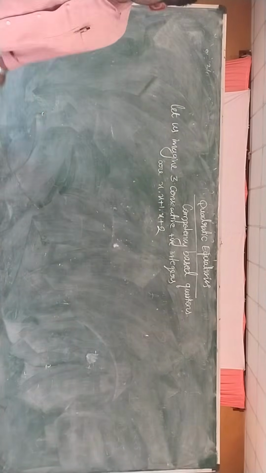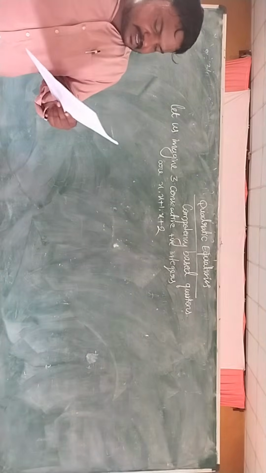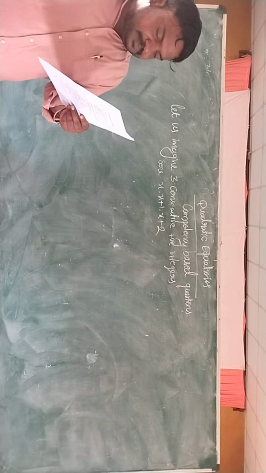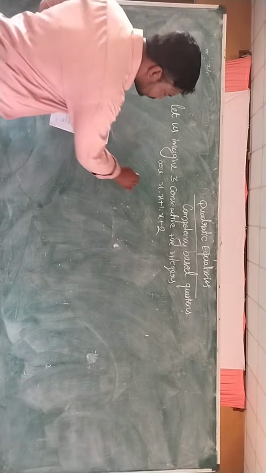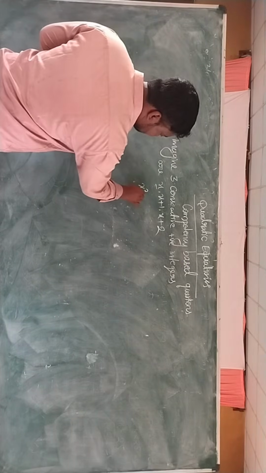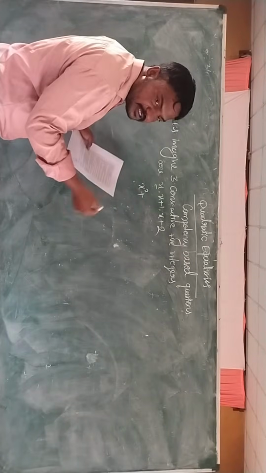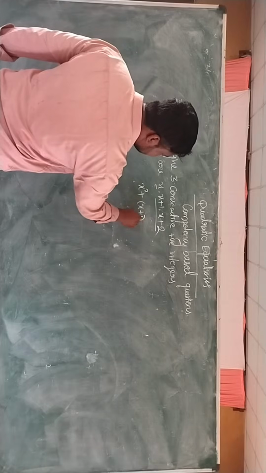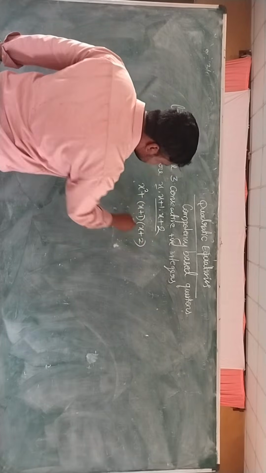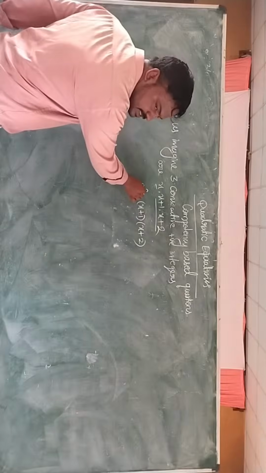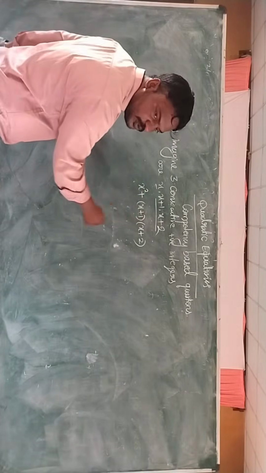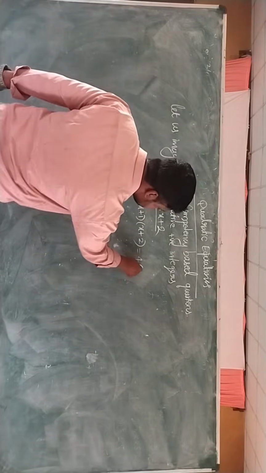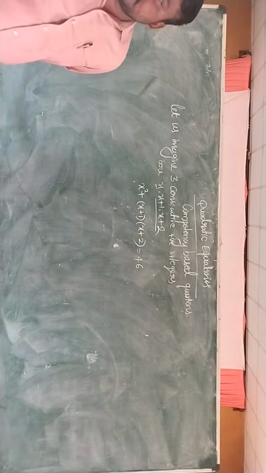These three are the three consecutive positive integers. And here, the sum of the square of the first and the product of the other two, x plus 1 into x plus 2, is 46. Find the integers is the question.